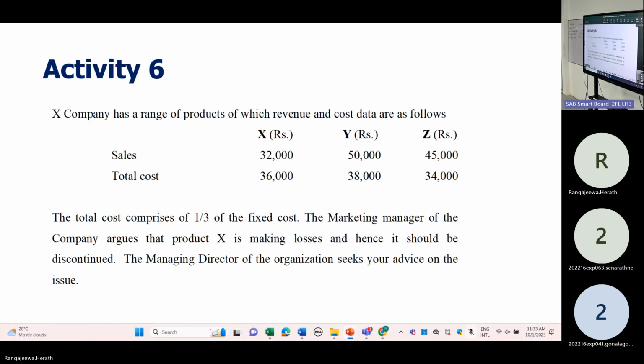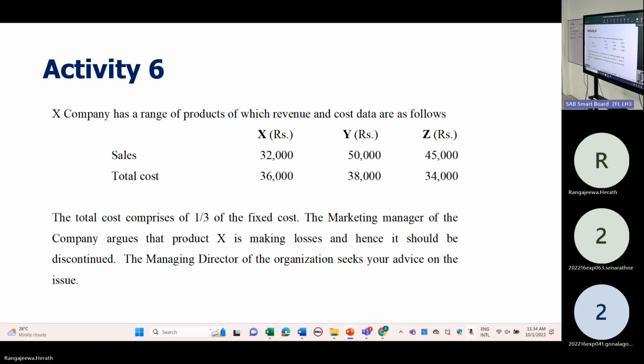So here we have an activity. X company has a range of products, of which revenue and cost data are as follows.